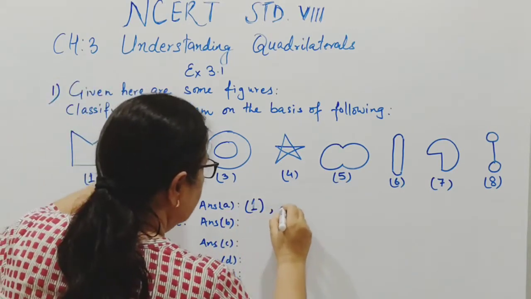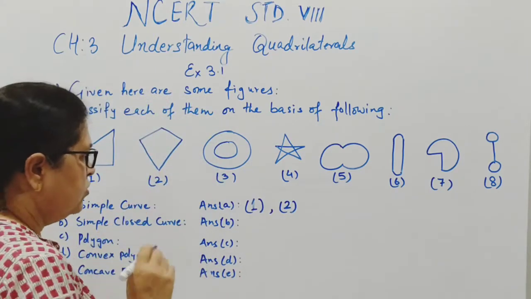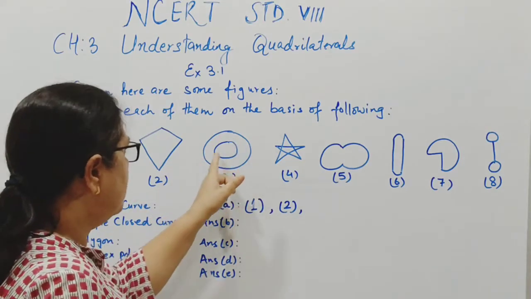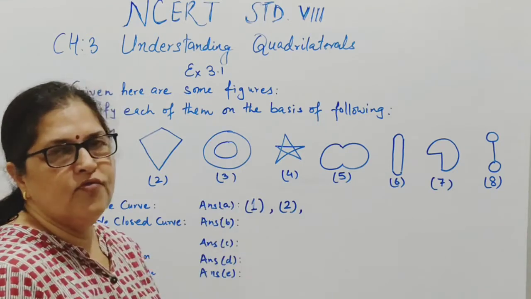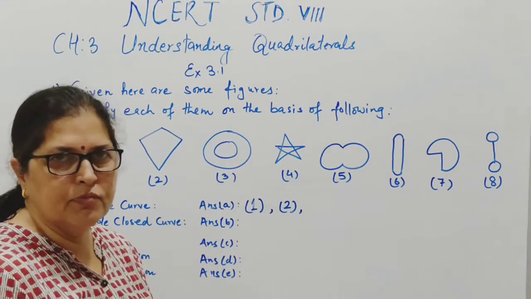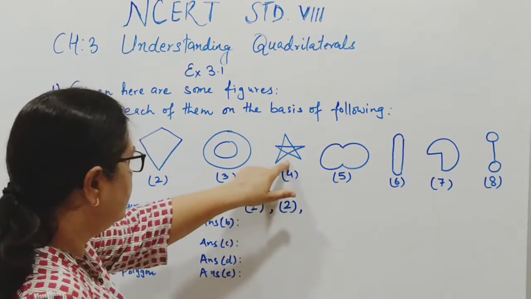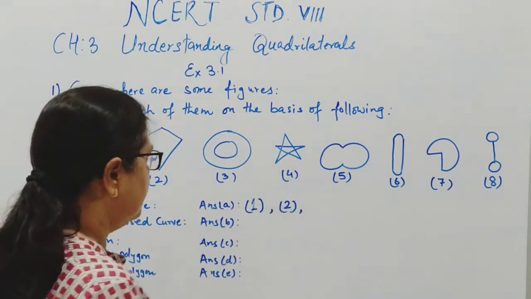Similarly, the second one can be drawn without lifting the pencil and it is not crossing itself. Third one, it is a combination of two circles. If we draw the inner circle, obviously to draw the outer circle we have to lift the pencil, hence it is not a simple curve. Fourth one, the figure is crossing itself, so it is not a simple curve.